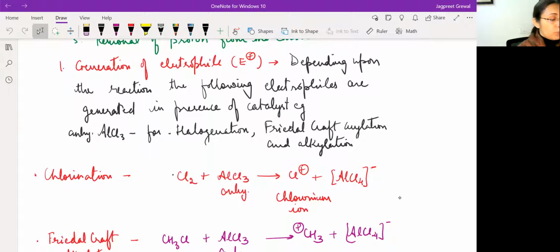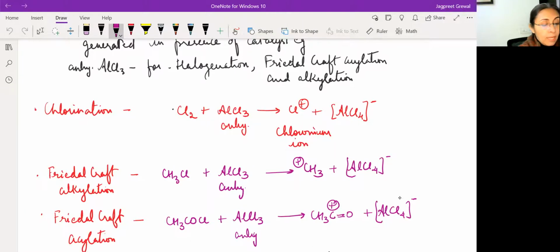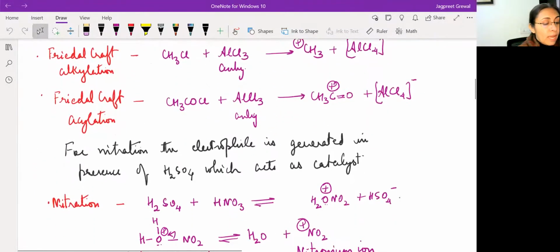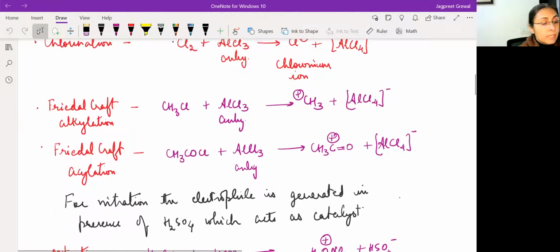Suppose you have to do chlorination, so you require a chloronium ion as electrophile. If you want to substitute an alkyl group, you require a carbocation. An acyl group, you require a carbocation of the acyl group. And for nitration, you require nitronium ion. So how are these electrophiles generated?